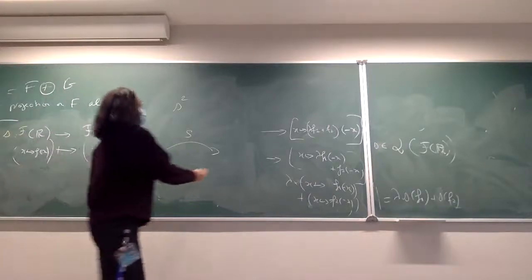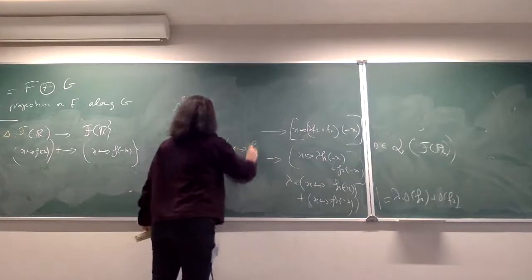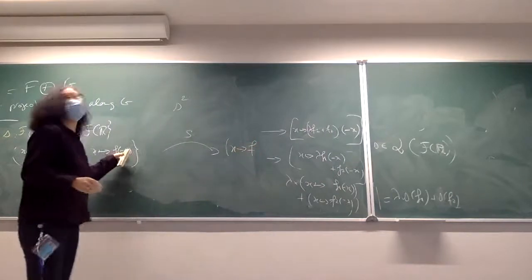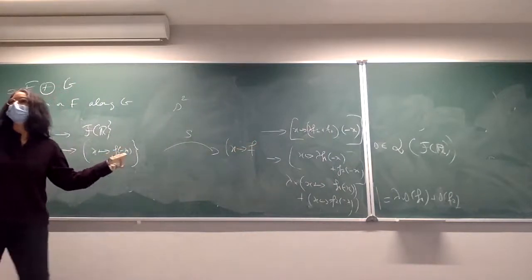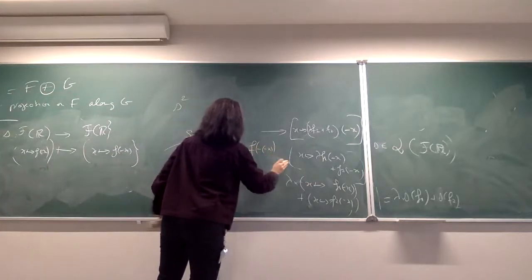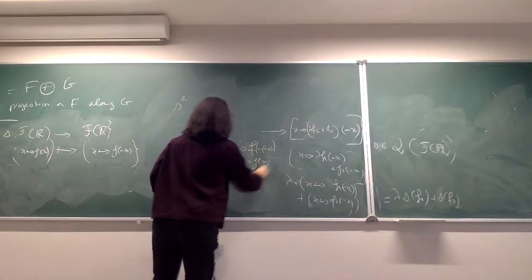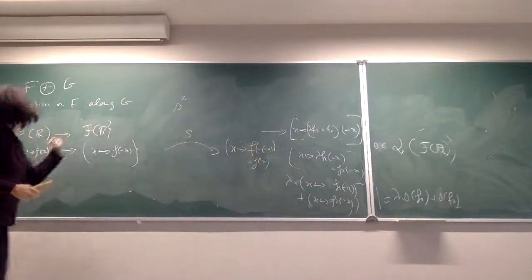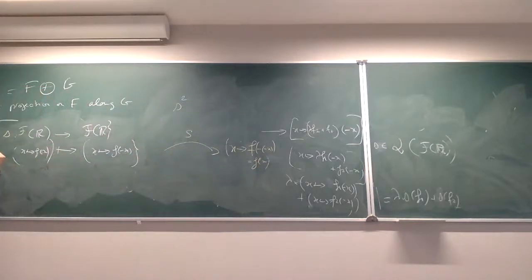I'm going to have some function that for x applies f of minus x, so f of x. So indeed, I'm back where I started. So we've got a symmetry.